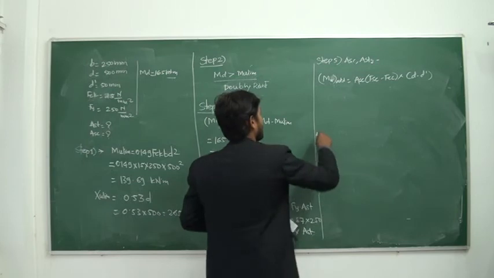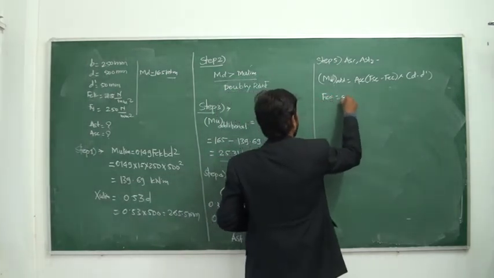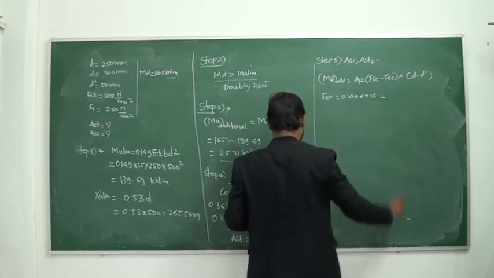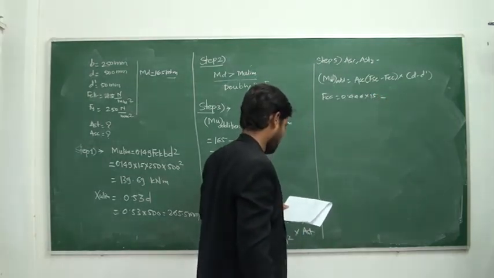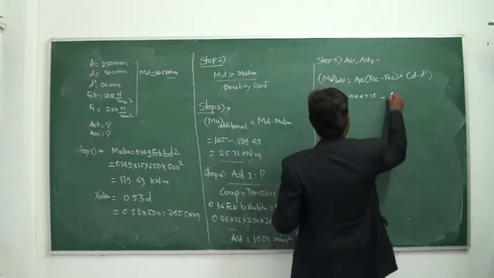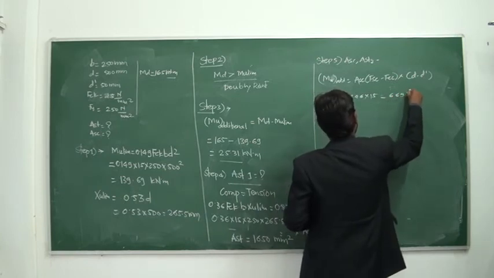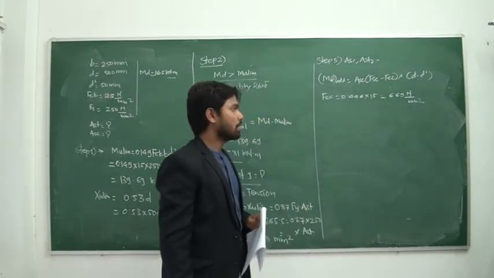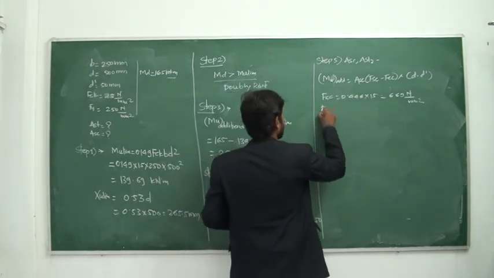Now FCC will be equal to 0.446 FCK, so it comes to 6.69 Newton per mm². And what is FSC?